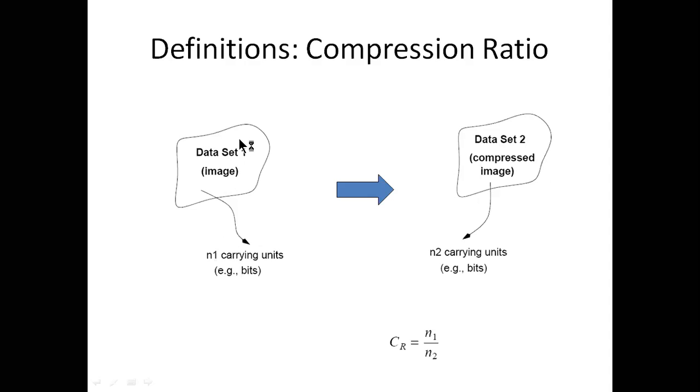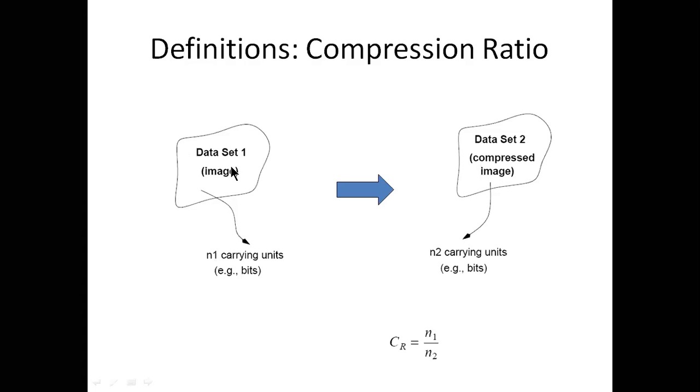After compressing data set 1, you will have this compressed image. So automatically some data we have removed from the image, and only then we got data set 2, the compressed image. So the number of bits in data set 2 is less when compared to N1.